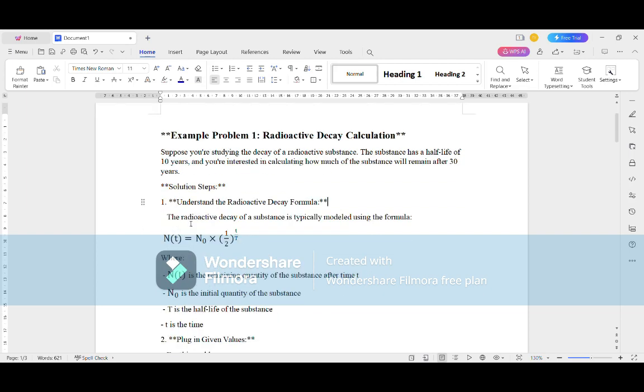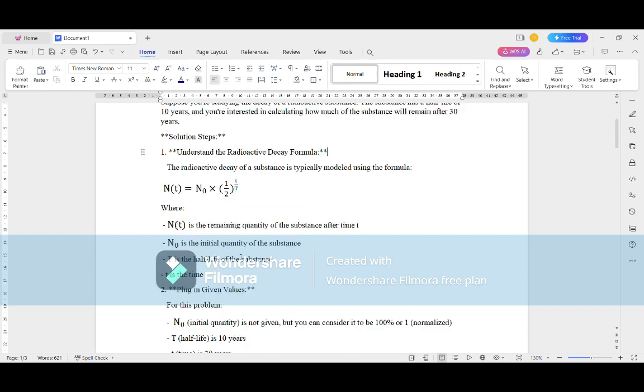The formula for radioactive decay of a substance is typically modeled like this, where N(t) is the remaining quantity of the substance after time t, N0 is the initial quantity of the substance, T is the half-life of the substance, and t is the time.